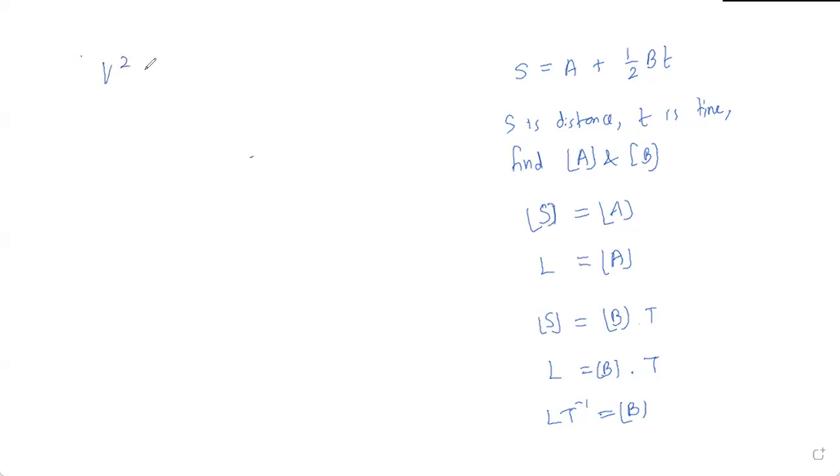Another equation, v squared equals au plus bt. So v and u are velocities. Simple t is time. Find dimensions of again a and b.